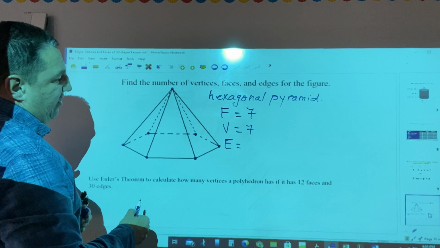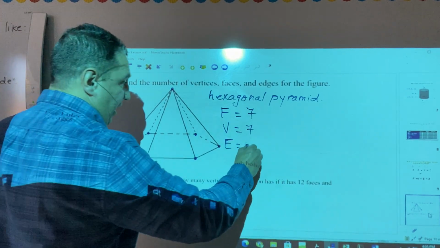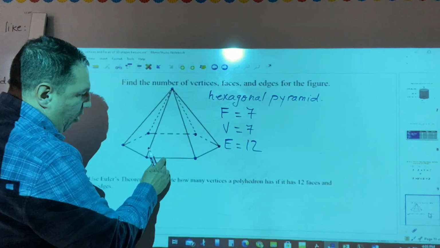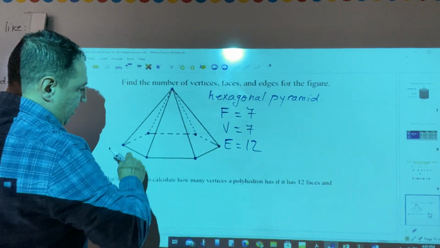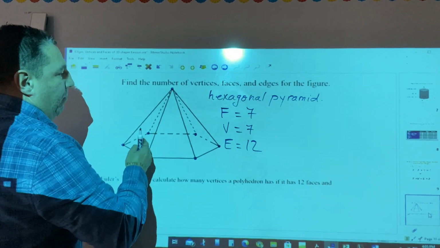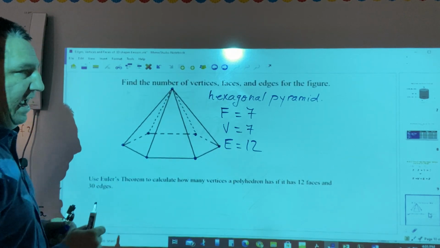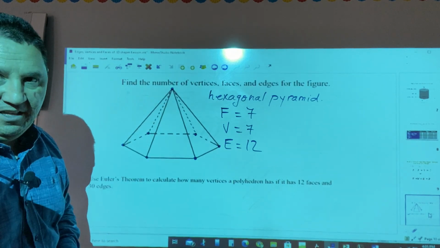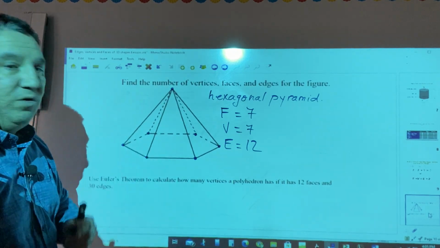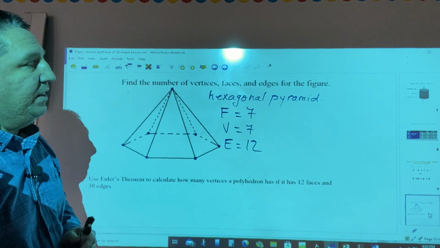And we have 12 such edges. We count the number of sides. The base has 6 sides, plus another 6 edges for the side faces. So there are a total of 12 edges.